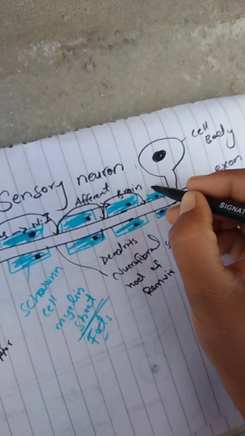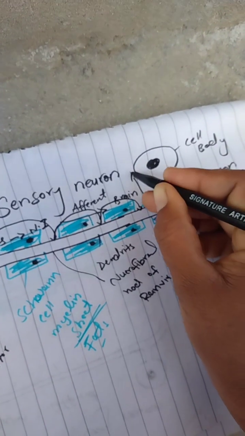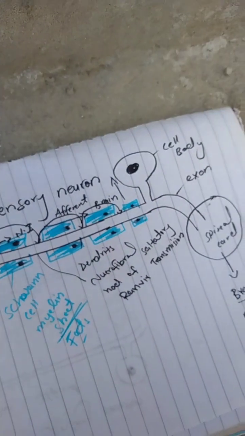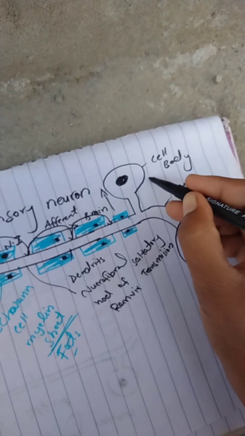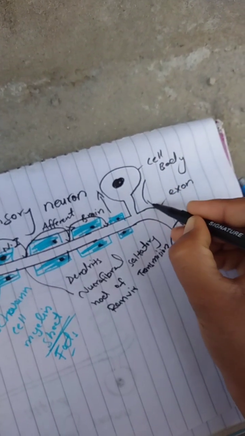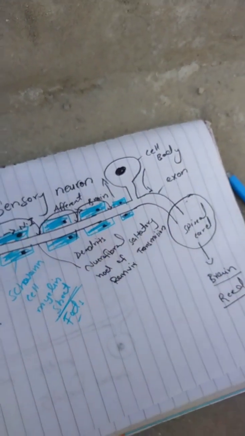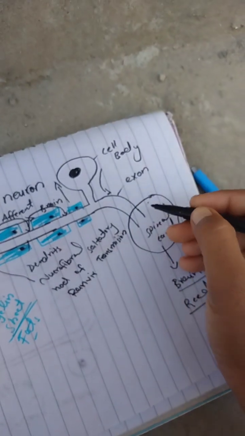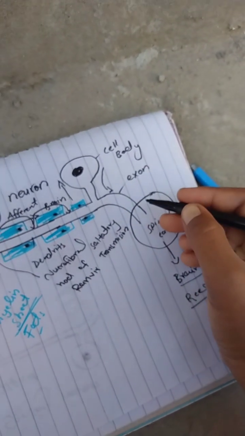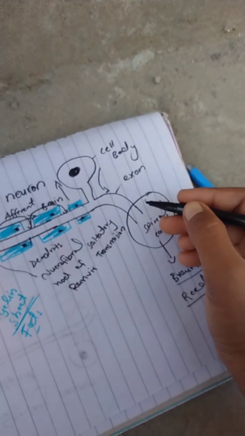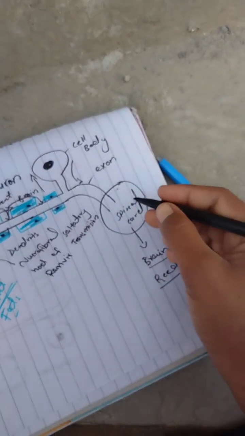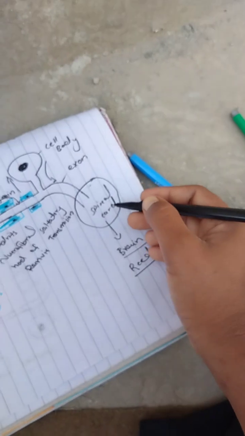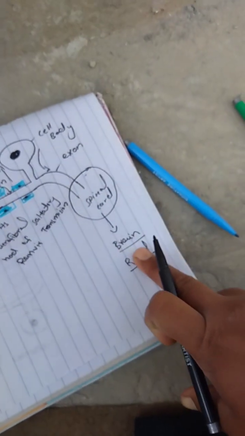So the nerve impulse enters into the cell body, and from the cell body toward the axon, and the axon transfers this sensory nerve impulse into the spinal cord, and the spinal cord transfers these nerve impulses into the brain.